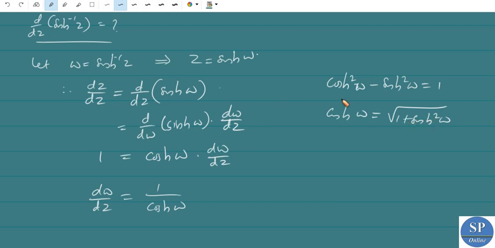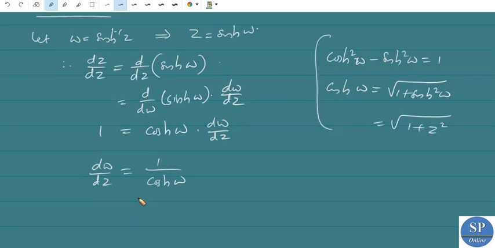But we have sinh w is nothing but z. So this is equal to square root of 1 plus z square. Okay, so by using that we get 1 by square root of 1 plus z square, that is d by dz of sinh inverse of z. Okay, so d by dz of sinh inverse of z is equal to 1 by square root of 1 plus z square, or z square plus 1.